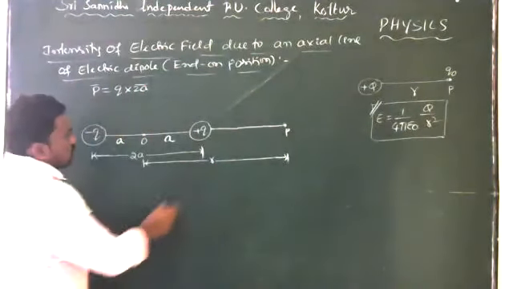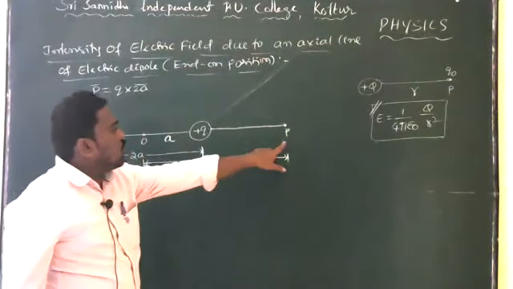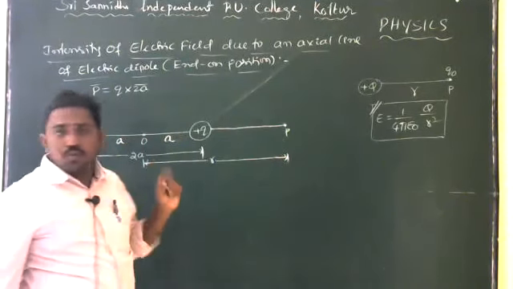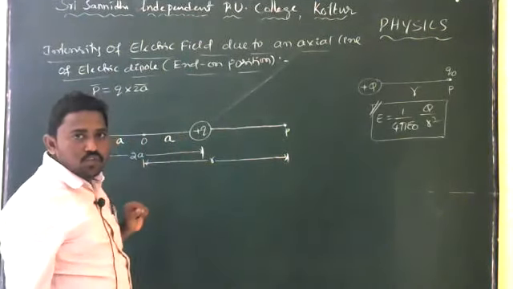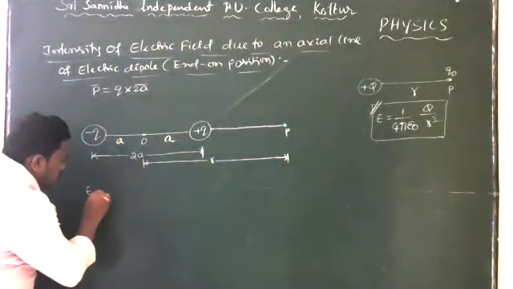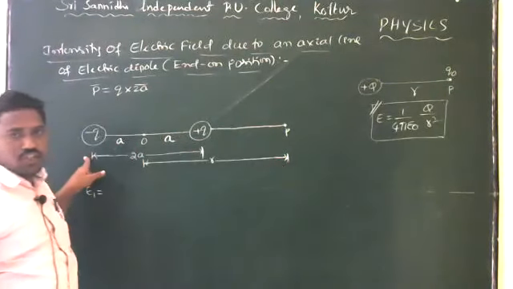Next, we want to find the intensity of the electric field at point P due to minus Q charge and plus Q charge. First calculate E1, the intensity of the electric field at point P due to the minus Q charge.